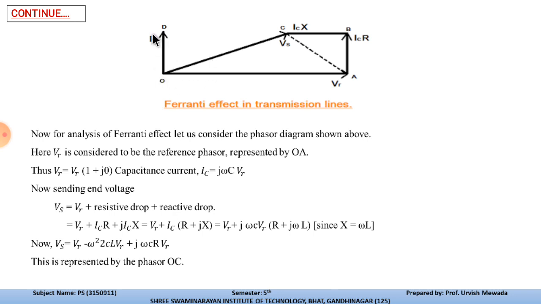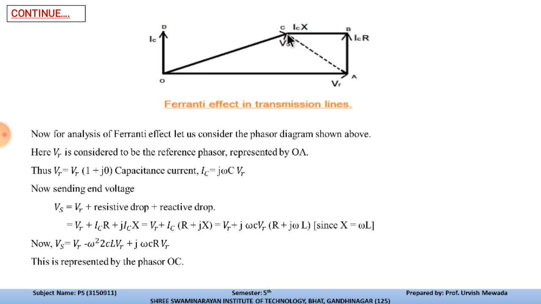In the direction of the capacitor current, the resistive drop will take place, so both are aligned to each other. So ICR is at 90 degrees to VR, and at exactly 90 degrees to the resistive component, the reactive drop will take place. So at 90 degrees we draw the reactive drop which takes place due to the capacitor.